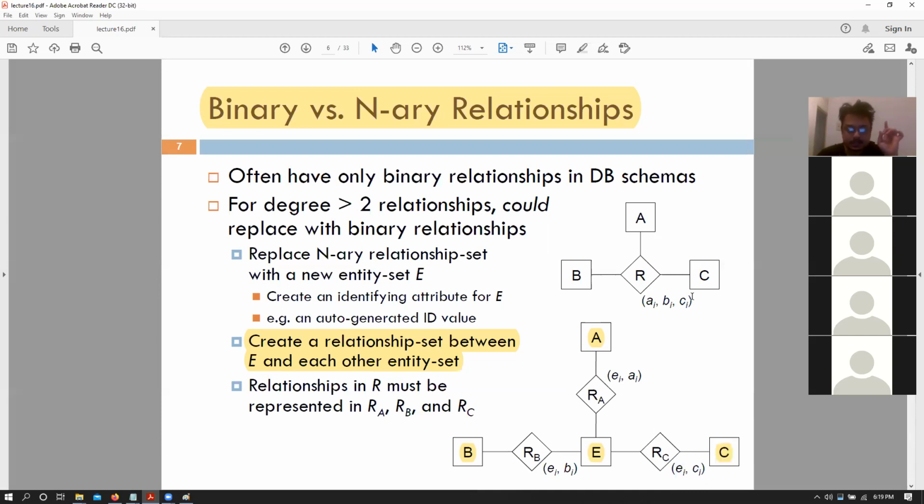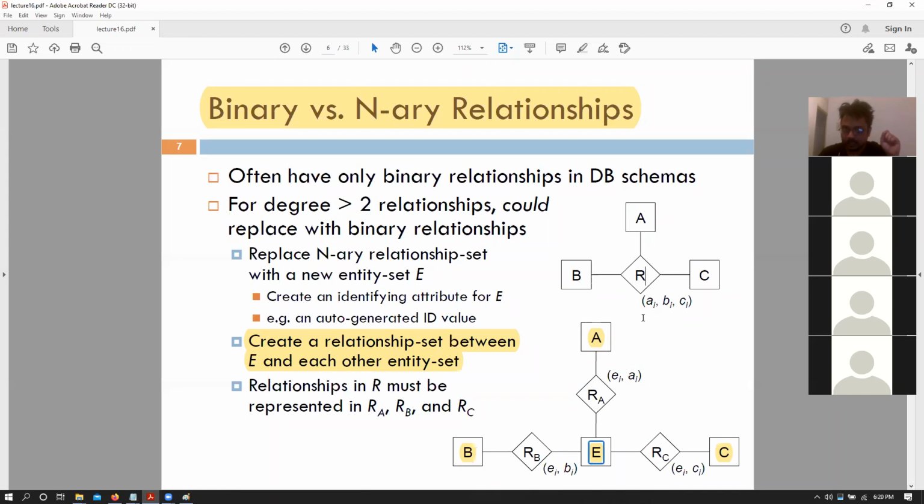So we are saying that instead of having this ternary relationship, we would convert this particular ER diagram into this binary relationship, that is with three relations and A, B, and C with a temporary or a secondary entity set, that is E. So the question now comes that if we convert this particular ternary relationship into this binary relationship with this extra entity set, E, are these two diagrams the same?